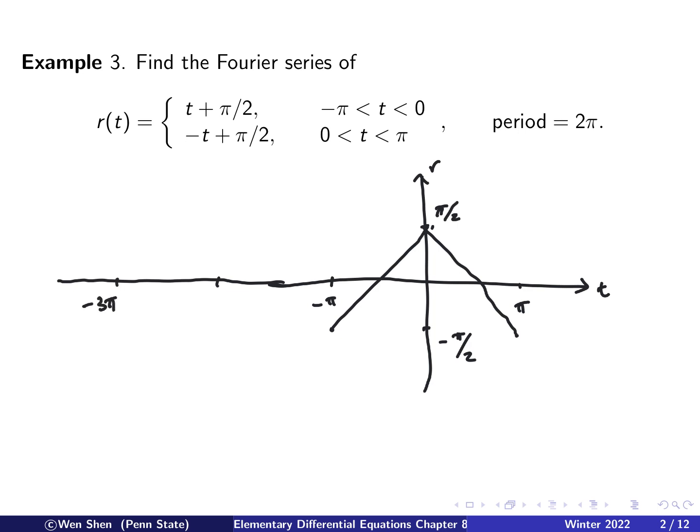Over here from negative 3π to negative π, it just repeats what we have here. So you come up and come down. The whole thing is just this going up with slope 1, going down with slope negative 1 periodically. You can extend it also on this side and furthermore to the left.